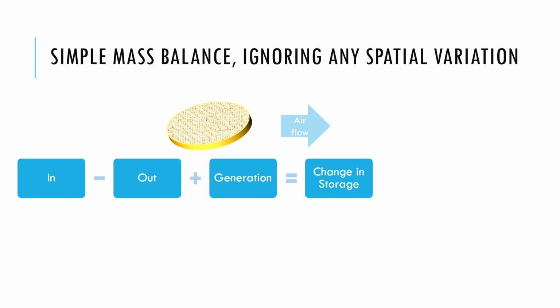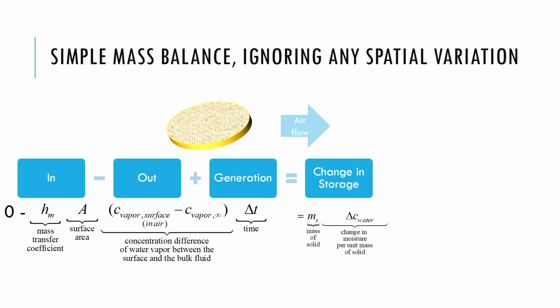So let's think of the potato slice as my domain on which we're going to write these individual terms. So in, if potato is moist and the surrounding air is dry, moisture is only leaving, so in is 0, then out is by convection. So out is this air carrying it away.